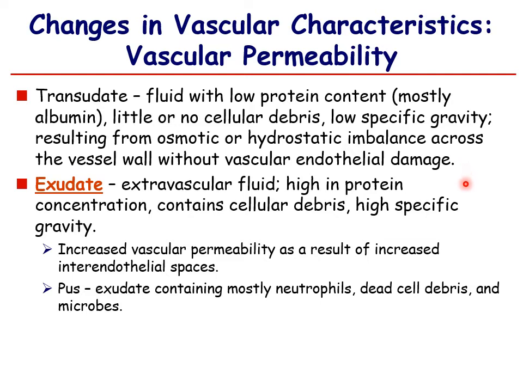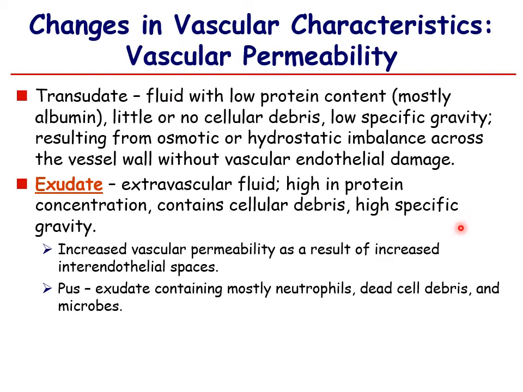Now, when we're talking about vascular permeability during acute inflammation, we are basically referring to changes in such a way that there is exudate buildup in the tissue. In other words, exudate is defined as extravascular fluid which is high in protein concentration, contains a significant amount of cellular debris, and thus has high specific gravity.